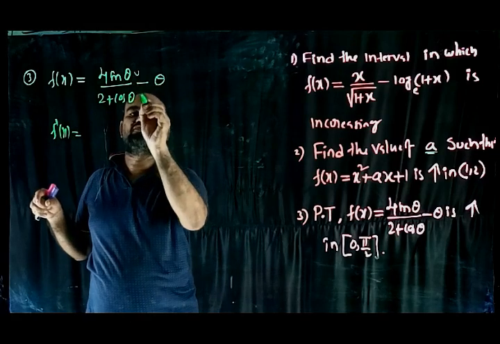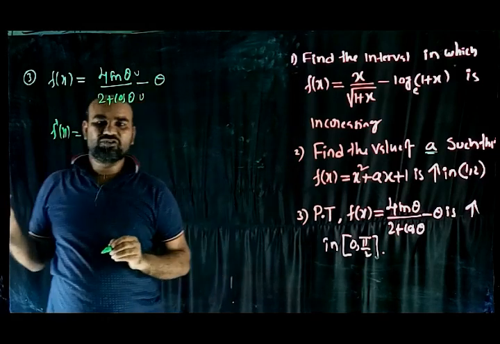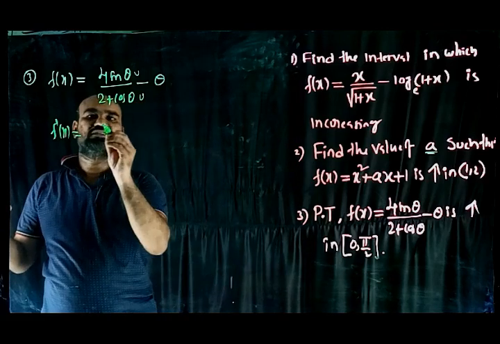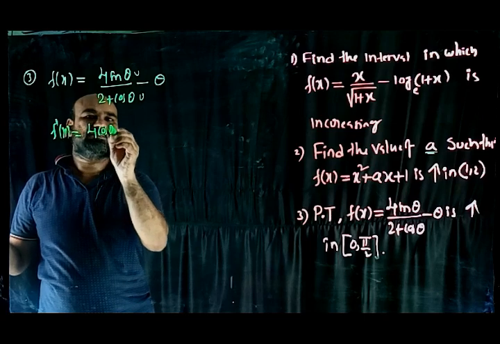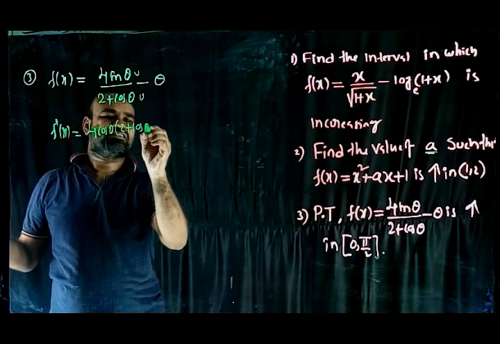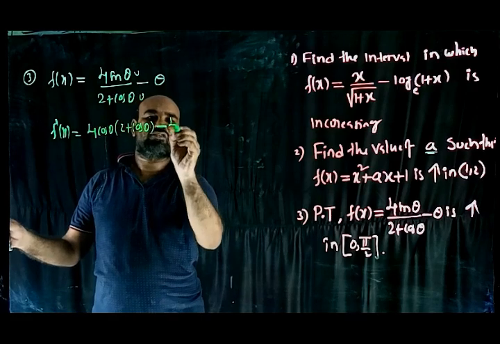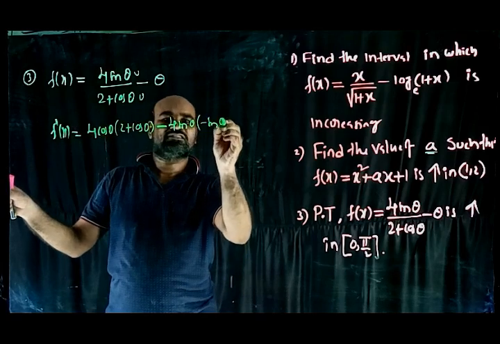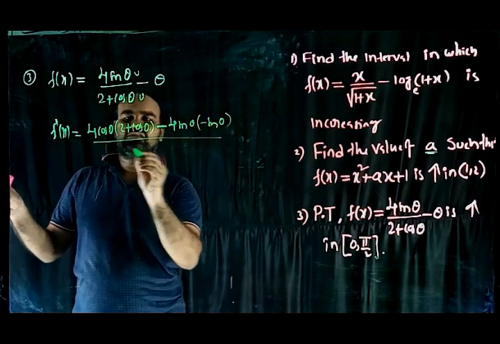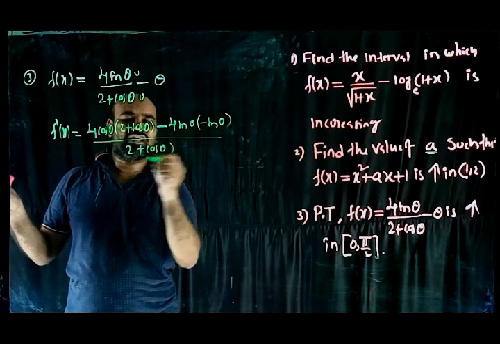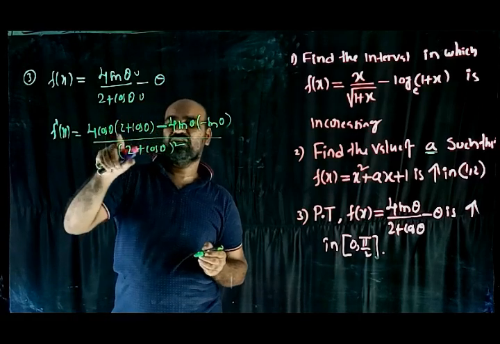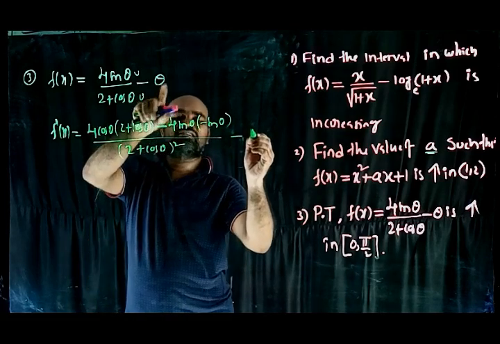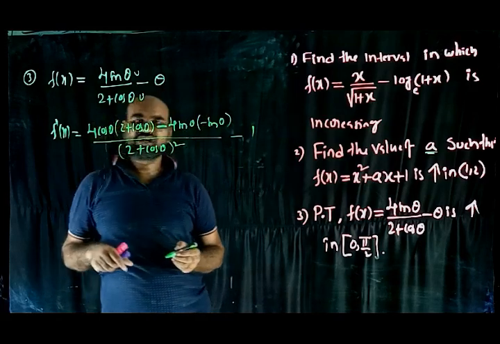This is u, this is v. d by dx of u into v minus u into d by dx of v, by v square. 4 cos theta into 2 plus cos theta, minus 4 sin theta into the derivative of v, which is minus sin theta, by 2 plus cos theta whole square, minus 1 because you are differentiating with respect to theta.